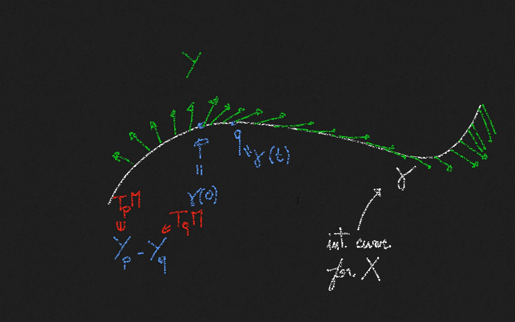Now, the push forward via phi with minus t at q, well, just writing like this is not really good.